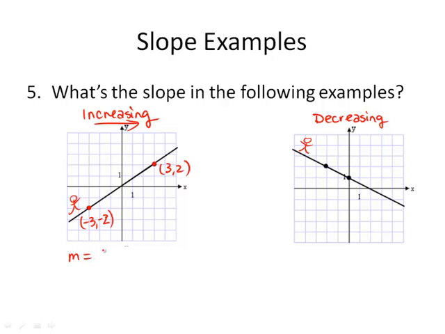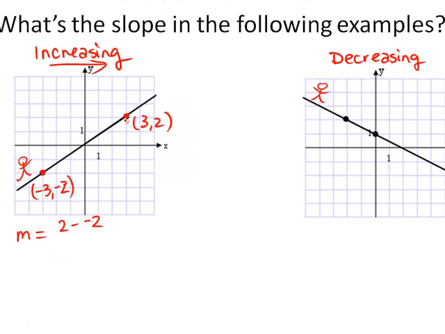Find the slope. That'll be 2 minus -2 will be the rise, which will be 4. And you'll see 3 minus -3, which will be 6, which is your run.